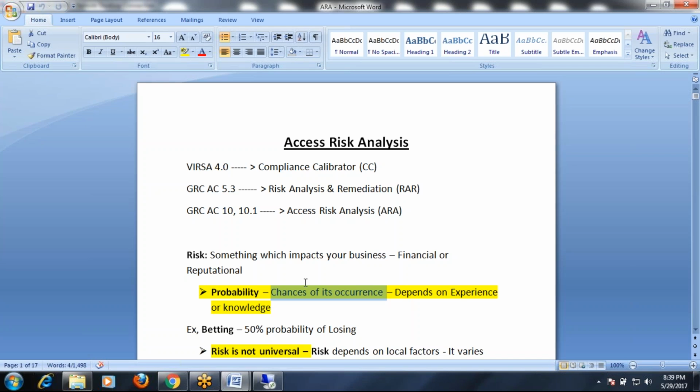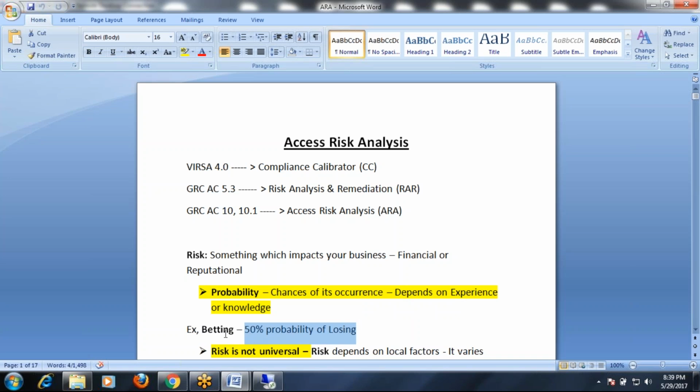Say, for example, I have taken a betting example. Most of us in India are famous for cricket betting. In cricket betting there is a 50% probability of losing. We are talking only about losses, not the profits.